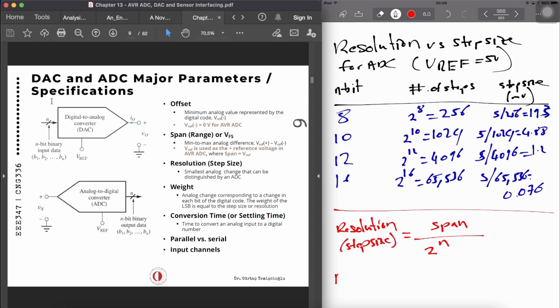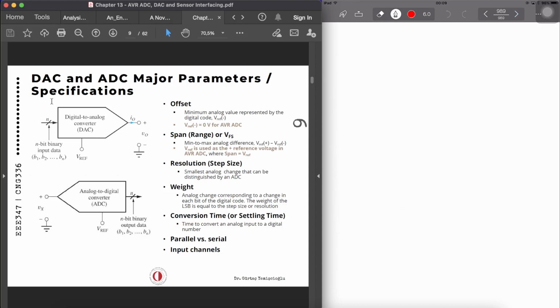So in this case, the ADC resolution is equal to span, which is VREF, as VREF minus is 0, over 2 to the power n that we can consider.